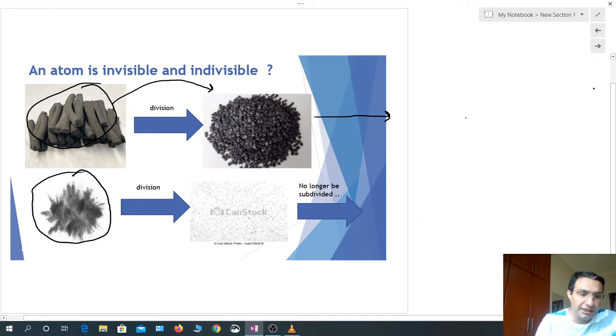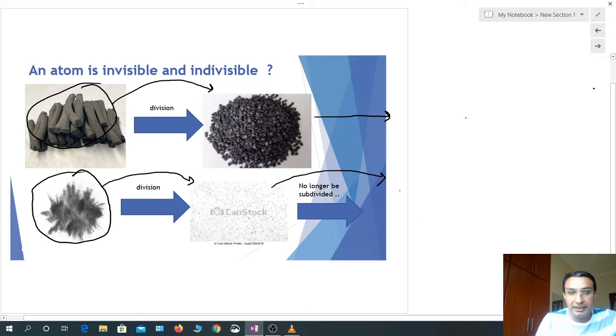I can see. If they can be seen, it means that I can continue to divide. So when I continue to divide, you can see that still I have very small tiny particles of charcoal. So still, if they are visible, it means that I can also continue.